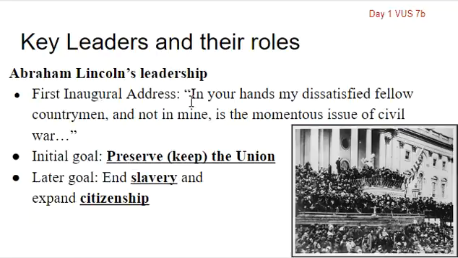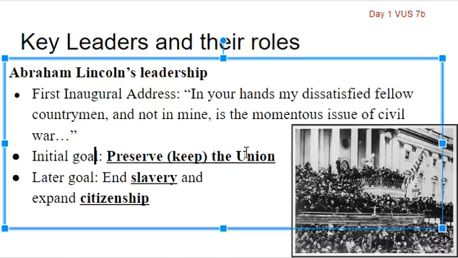So when he became president, he knew the United States was going to go to war with each other. When he first became president, his goal was to keep the Union. He didn't want to go to war. But later on, he knew it was going to go to war, and his goal was to end slavery and expand citizenship. When it says expand citizenship, he wants to give citizenship to slaves, because right now slaves do not have citizenship.